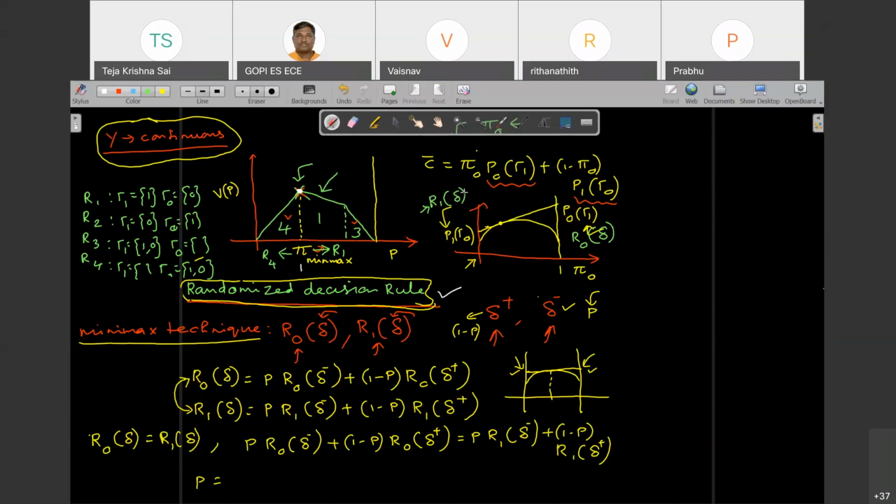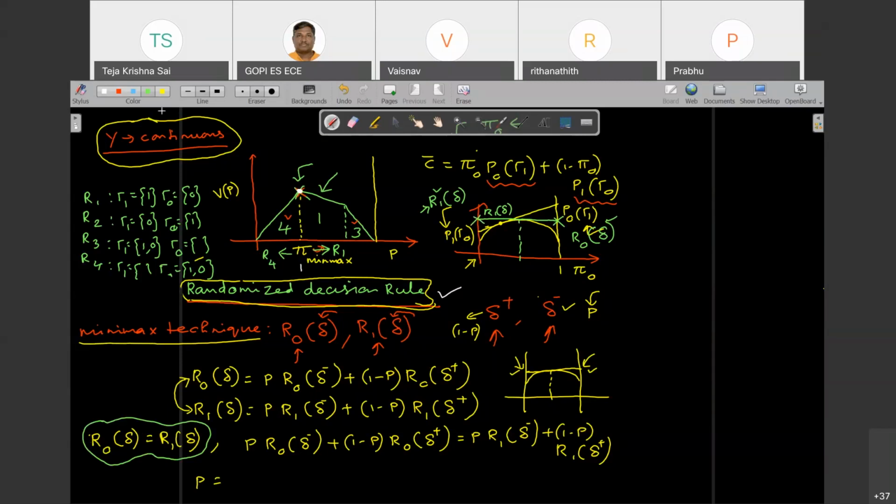So you have these conditional costs R1 of delta and R0 of delta, and the minimax point is where both are going to be the same. That is why we used R0 of delta equal to R1 of delta. Just by equating these two, we are able to get this value of P.